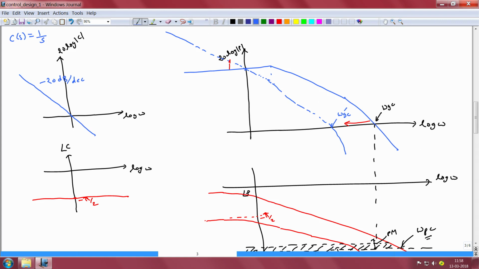And since the closed loop bandwidth is directly related to the gain crossover frequency, we note that accompanying this reduction in gain crossover frequency, we would also have a reduction in the closed loop bandwidth, and the reduction in the closed loop bandwidth would mean that we will not be able to track fast changing signals in the manner that we were able to do before.